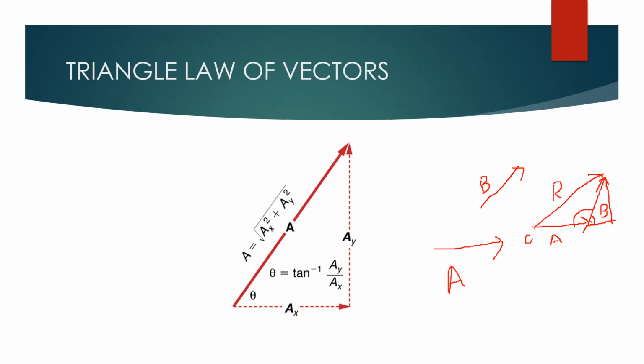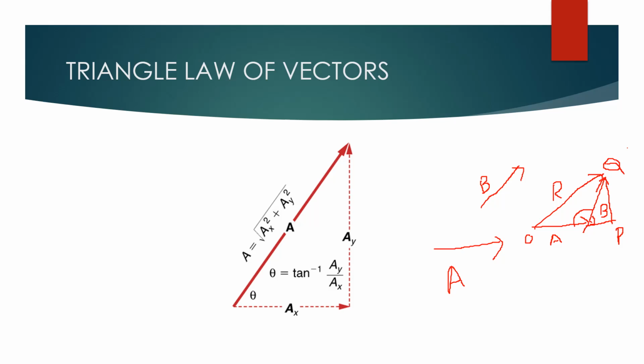Let us say this is O, this is P, and this is the point Q. So we can find the magnitude R by squaring OP and adding PQ square, and then we will get the resultant R.